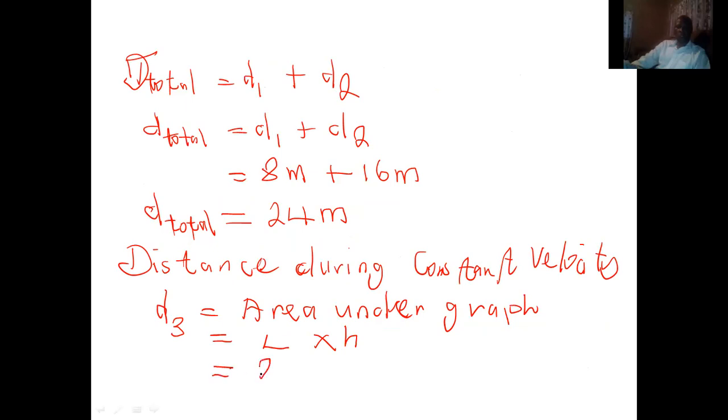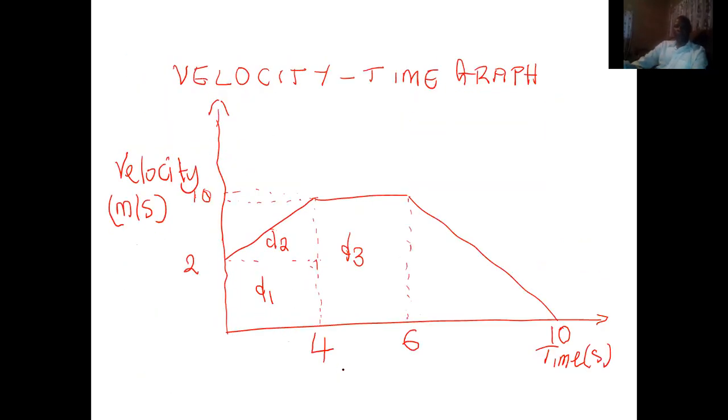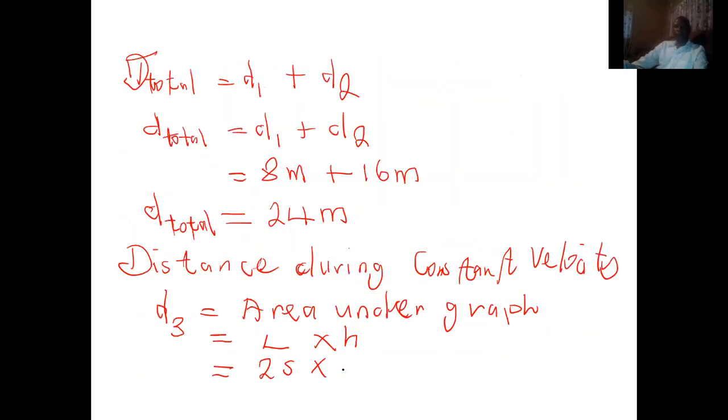And the height is 10 meters per second. This second and this one will cancel, and this gives us 20 meters. So this is the distance that was covered by Kunaka when he was moving with constant velocity.